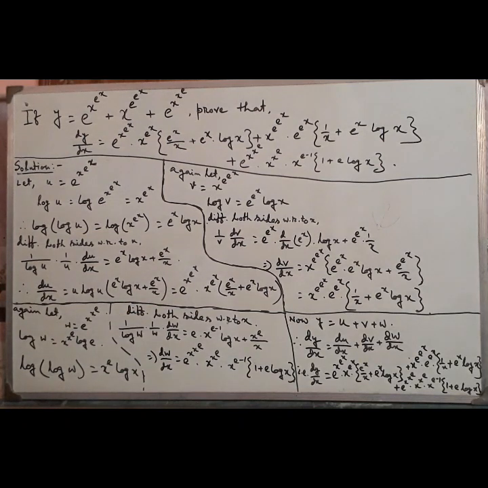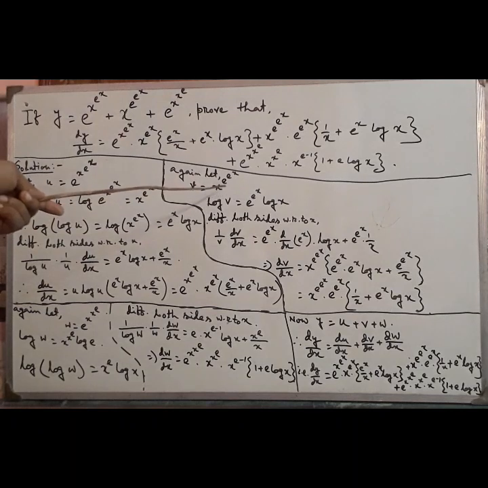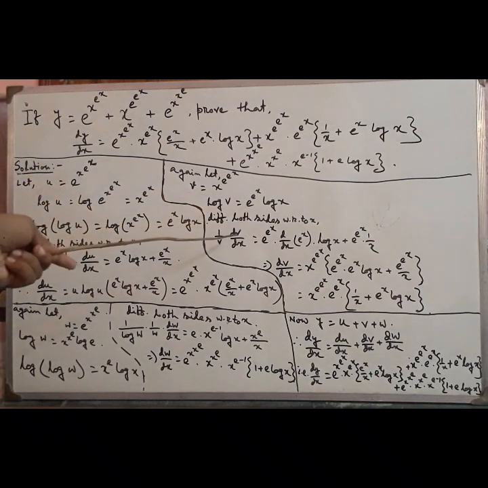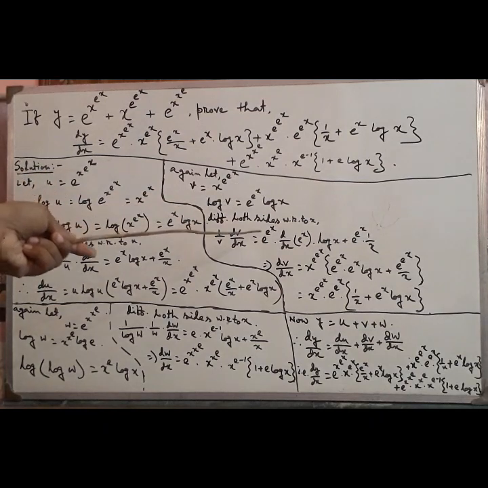Again, now v is equal to this second term, x to the power e to the power e to the power x. Taking log both sides, this power will come to the front as a coefficient into log x. Now differentiating both sides, the derivative of log v, that is 1 by v dv dx, is equal to e to the power x, in the form of e to the power x.